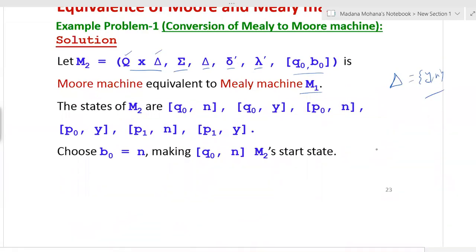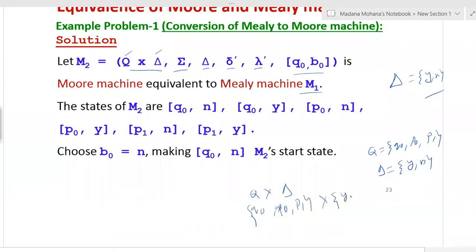So what are the states we have? q0, p0, p1, these are all the states. Then the output alphabet is y, n. Now we can form the pairs as Q cross output alphabet delta. So we have q0, p0, p1 combined with the output alphabets y, n.